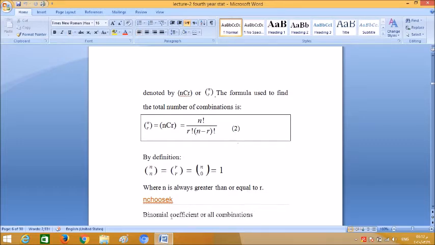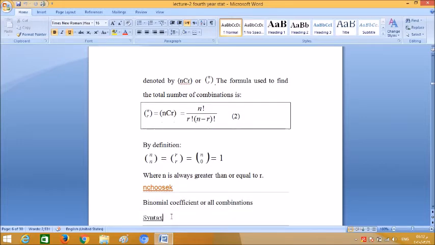Binomial coefficient of all combinations. The binomial coefficient NCR or NR is a coefficient of all combinations when dealing with the binomial probability distribution.